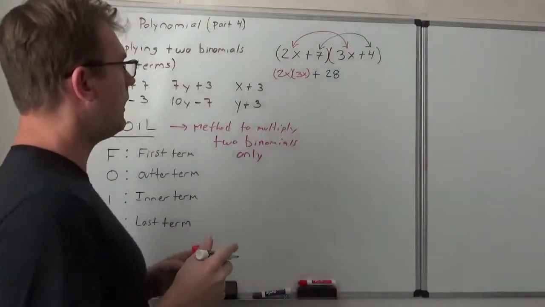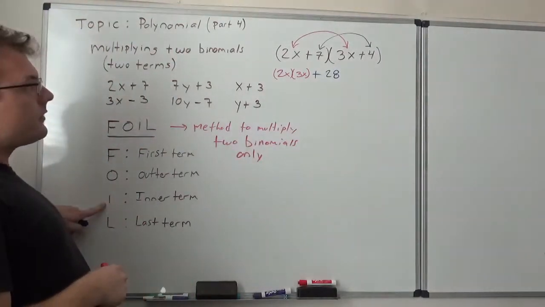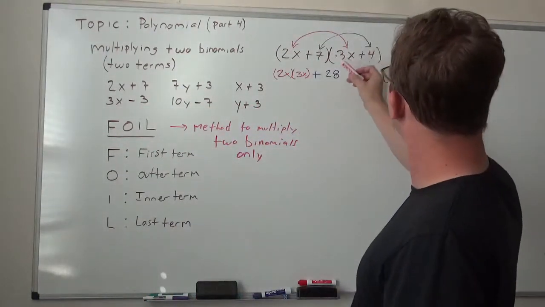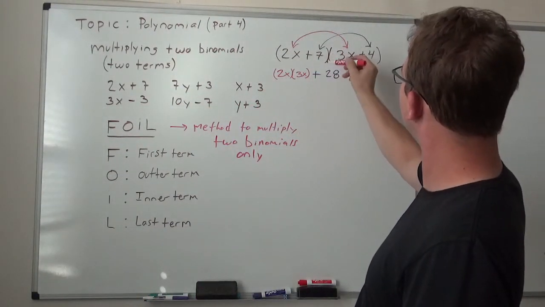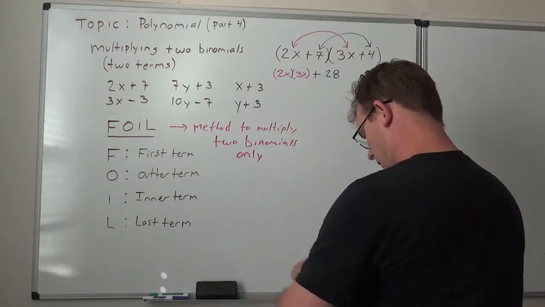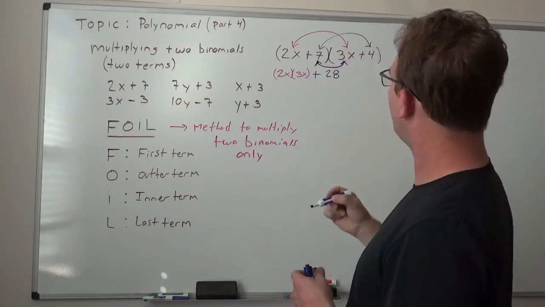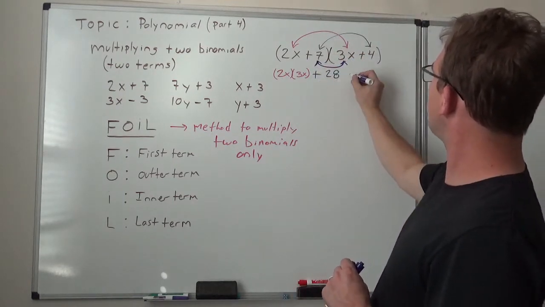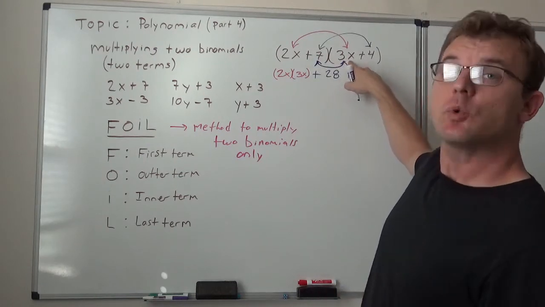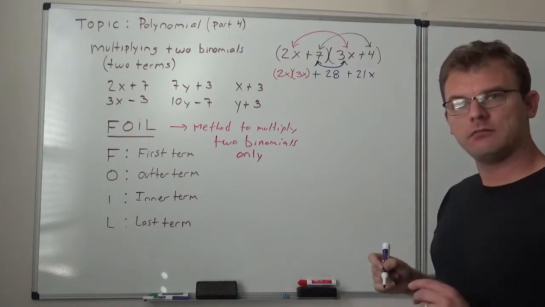The inner terms. I'm going to use a different color. The inner terms, that's going to be plus 7 times 3x, which is 21x. Can I just put 21x?